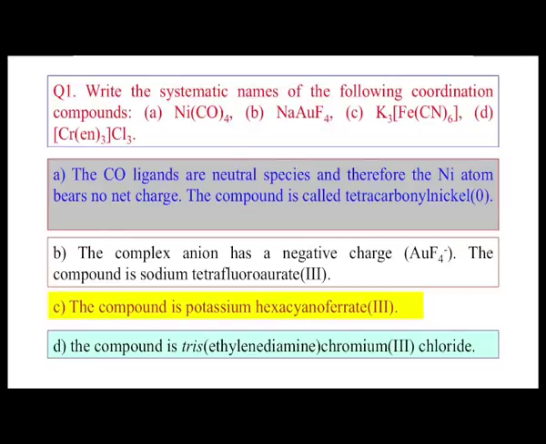Here we see neutral ligands, here an anionic ligand, here also an anionic ligand, and here again a neutral ligand, but it is chelating, and the chloride groups are outside the coordinate sphere. So how do we write these for their naming?